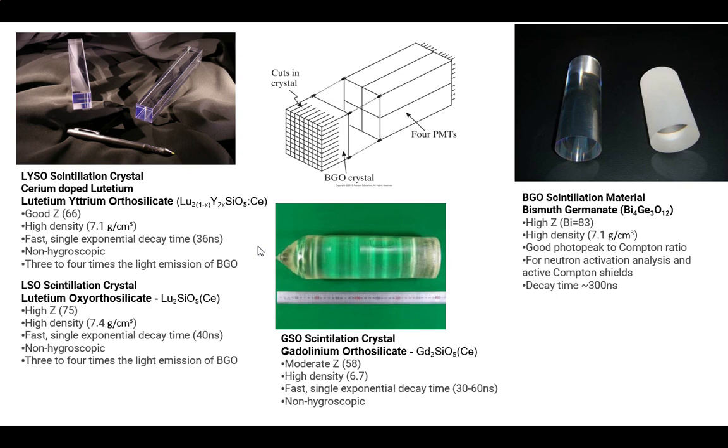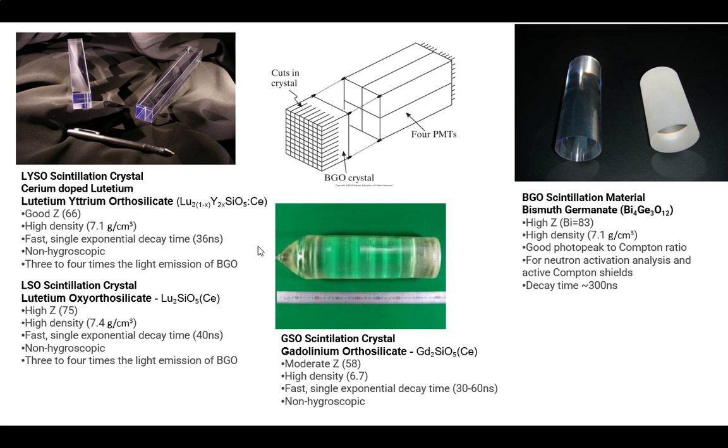And part of the reason is, you'll notice this one, Z, is effectively about 58. Very good, but it's not like, right? And effectively, none of these along here are that great either. It's got a good density though, and it's fast. 30 to 60 nanoseconds to get that drop off.